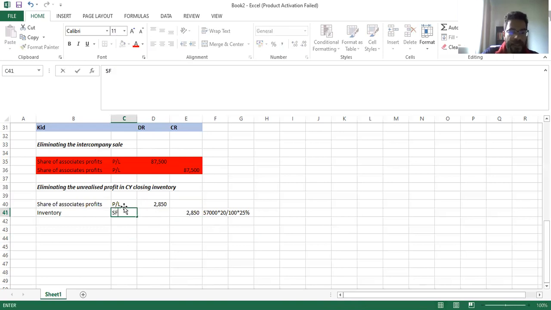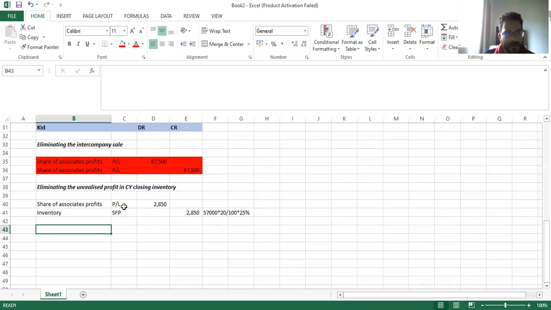P&L, SFP. Okay, so we're happy with that. Then we're going to have income tax. We can't call it income tax, because income tax is from the associate's point of view, so we have to call it share of associate's profits.